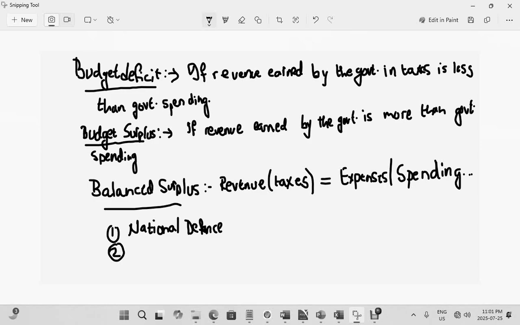The second would be interest payments, for example interest payments on loans, so debt. The third one will be healthcare.